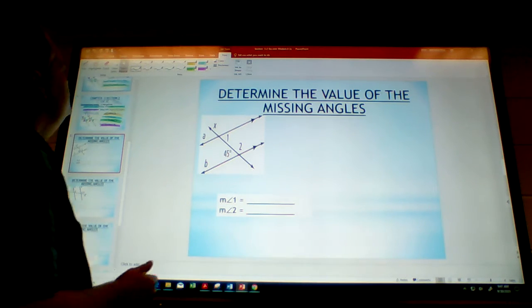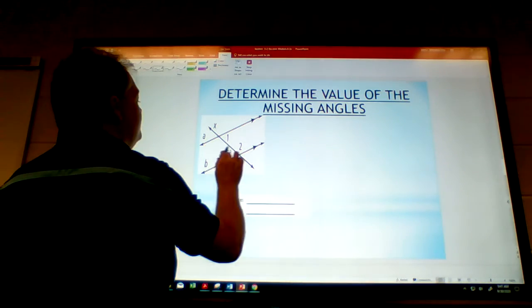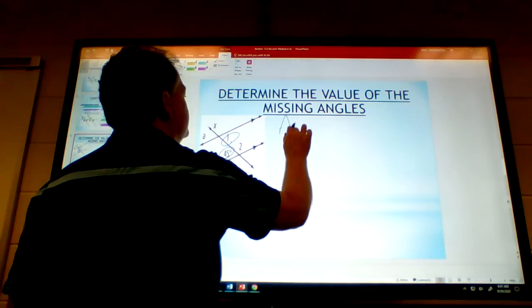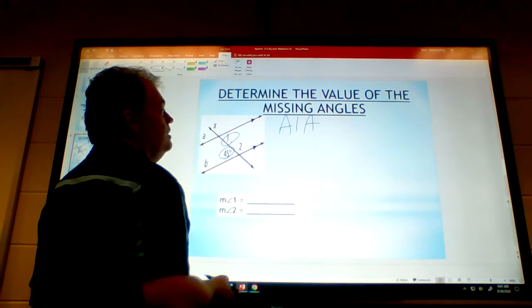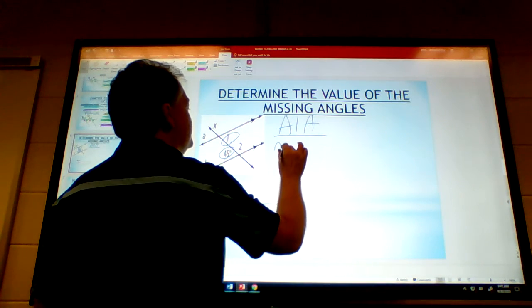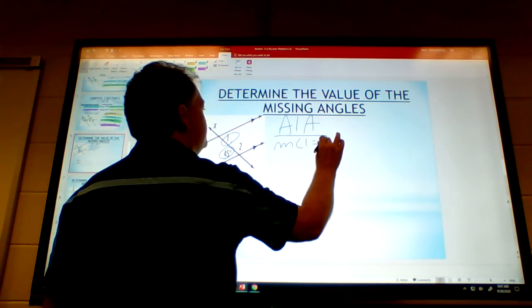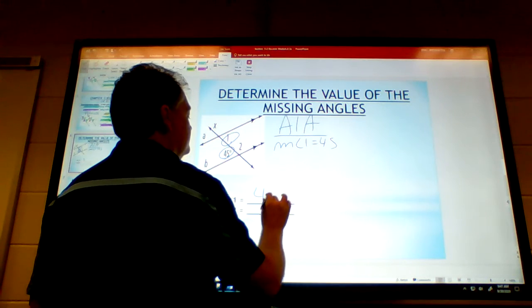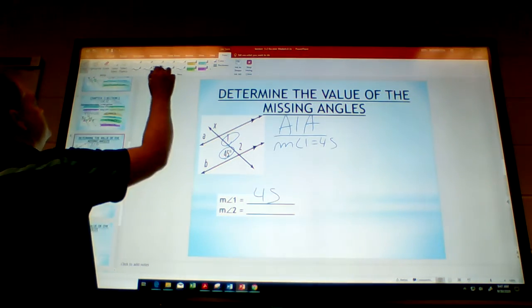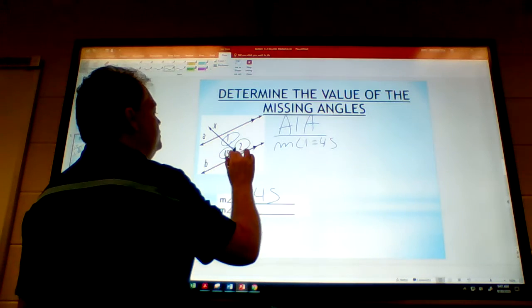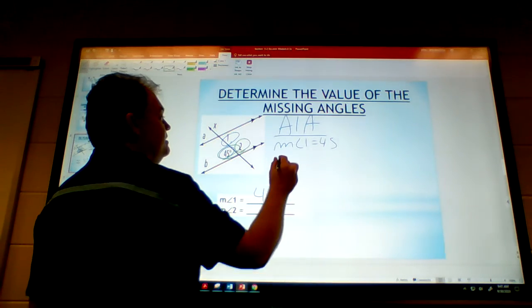Now I want you to look at angles 1 and 45. Those are alternate interior angles. Since they're alternate interior angles, the measure of angle 1 equals 45 degrees. So that one's done. On the other hand, angles 2 and 45 are supplementary.